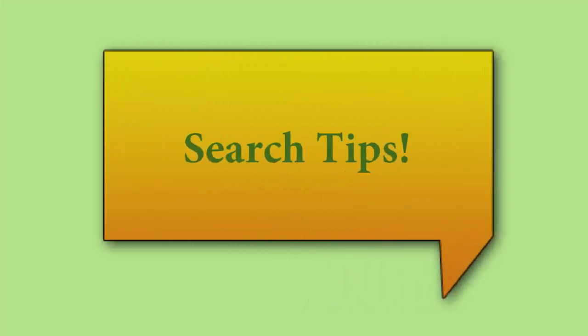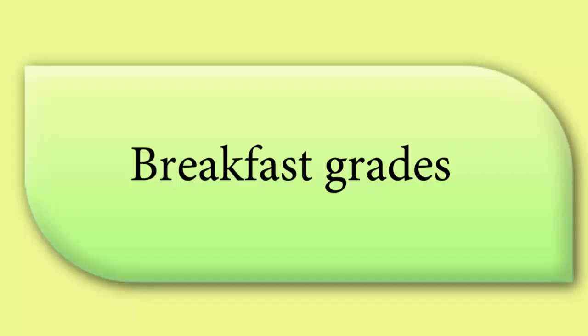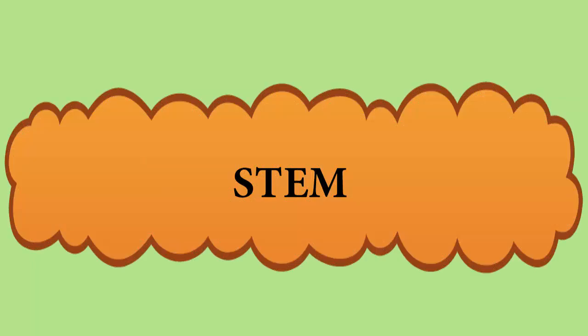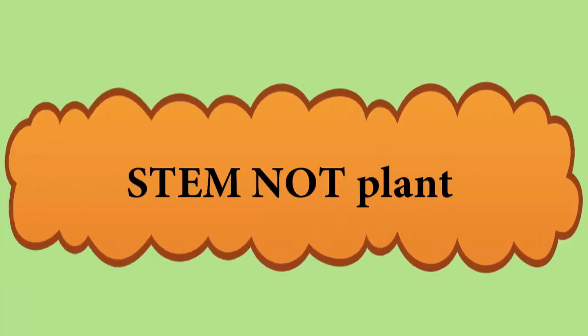Here are some basic tips that work across all of our databases. If you need both terms in your search, connect them with AND. If you have a term that has multiple meanings, like STEM as in STEM education, but not as a stem on a flower, and you don't want any botany articles, you can use the operator NOT.